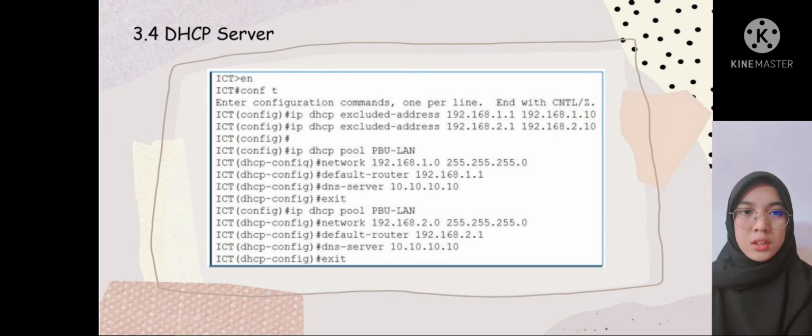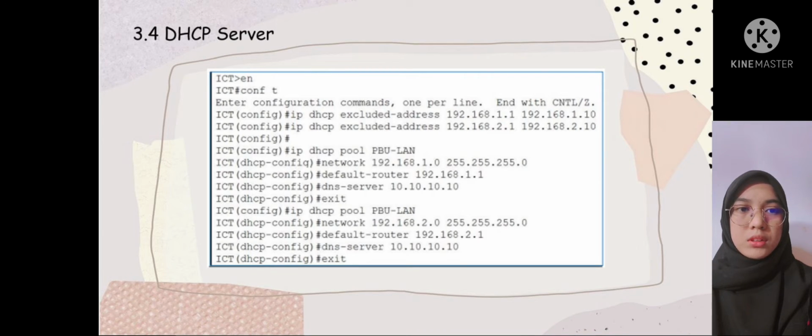We are going to configure on the ICT router ip dhcp excluded-address 192.168.1.1 192.168.1.10, and ip dhcp excluded-address 192.168.2.1 192.168.2.10, and then ip dhcp pool PBU network 192.168.1.0 255.255.255.0, default router 192.168.1.1, DNS server 10.10.10.10.